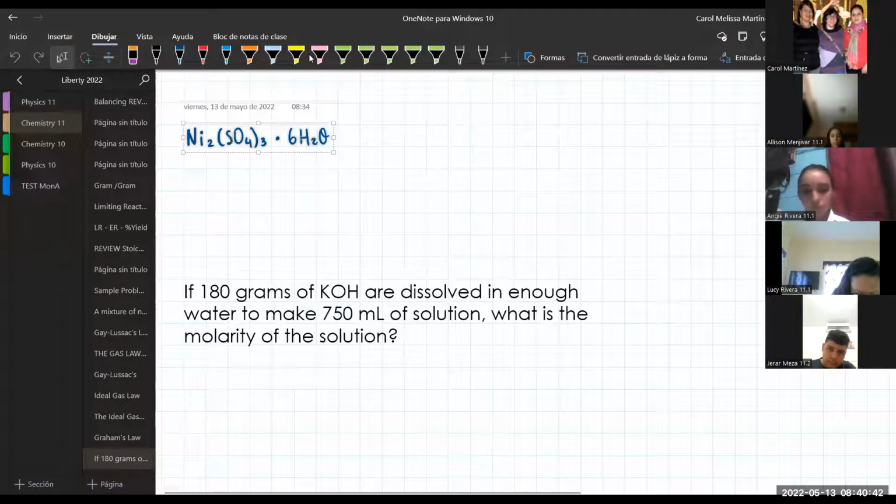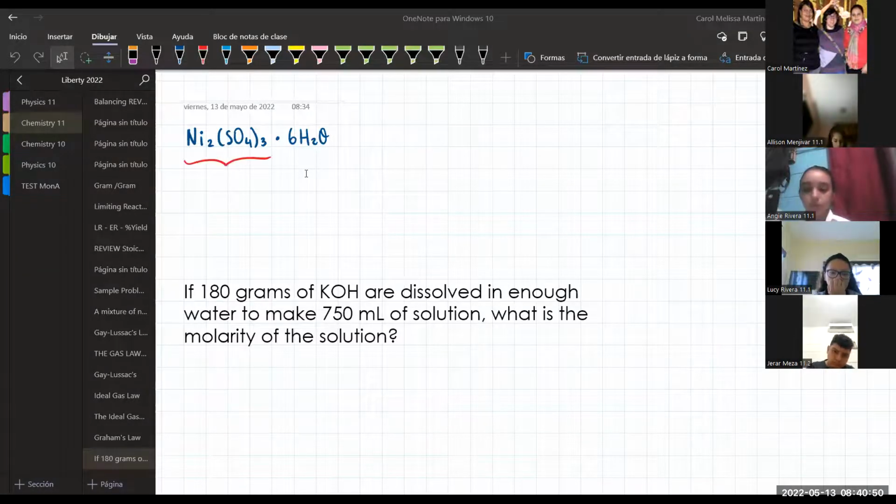First of all, as a reminder, how to name it, okay? First of all, you will need to name the ionic part of the hydrate, which in this case is going to be nickel 3 sulfate, okay? That's going to be the name. Nickel 3 sulfate. And then the part of the hydrate, okay?